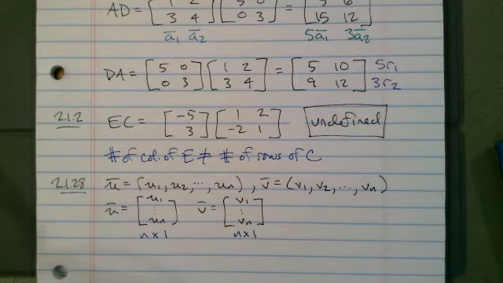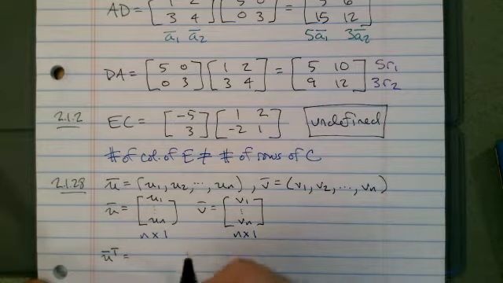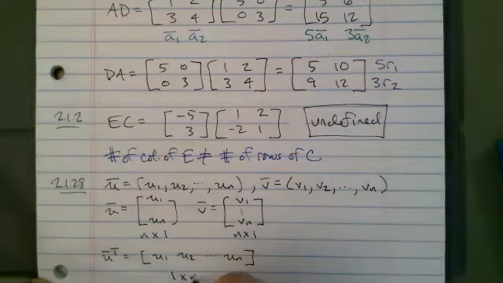So if I want to multiply U transpose, it is going to be U1, U2, up to Un. U transpose is going to be 1 by n.